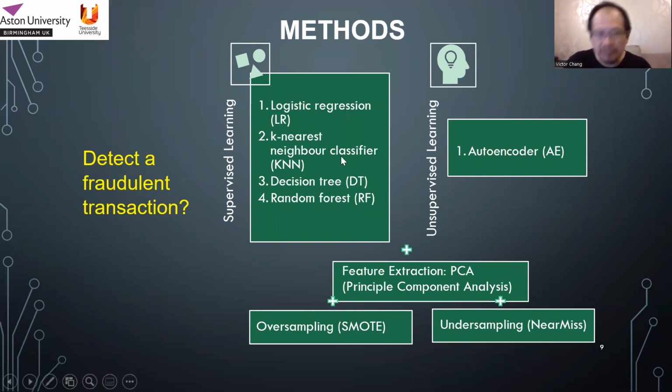Supervised learning includes logistic regression, which means you run the regression just to see if anything is wrong, any outliers and so on. The k-nearest neighbor classifier also tries to do the same thing. Let's say normal transactions work their way, and you will find some outliers or patterns that are quite distant from the normal way of transaction.